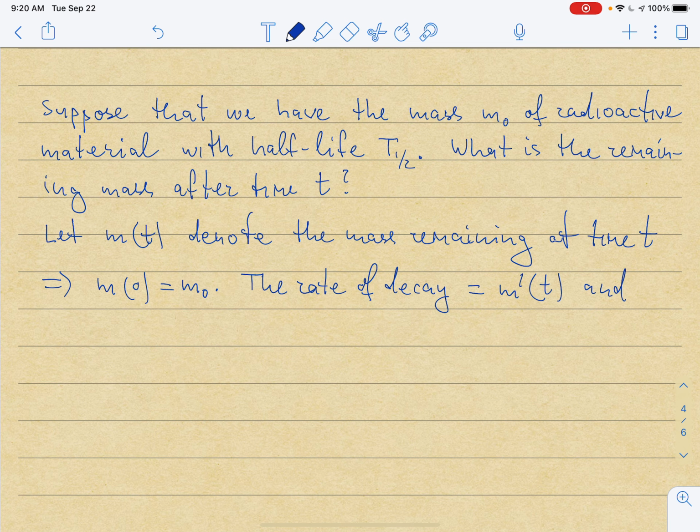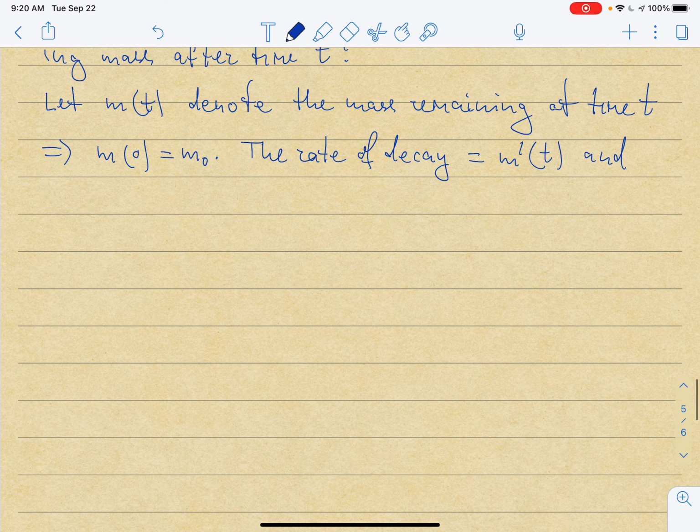And m prime of t, this rate of decay, will satisfy the following conditions. So condition number one, because the mass of radioactive material is always decreasing, then m prime of t must be less than 0. And number two, just like it was the case with bacteria, when the radioactive decay happens, then every part of the material is decaying.